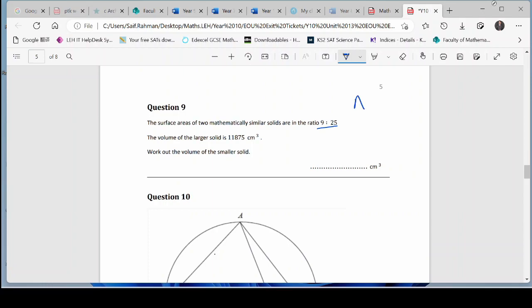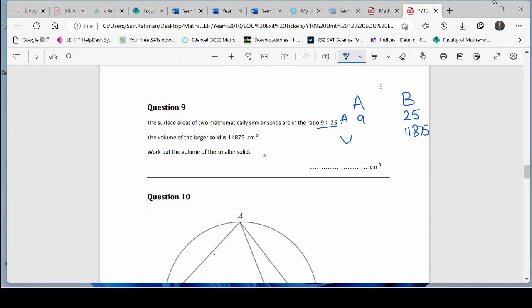For example, here is A and then B, and their surface area ratio is 9:25. The volume of the larger solid is 11,875, and we have to find the volume of the smaller one.